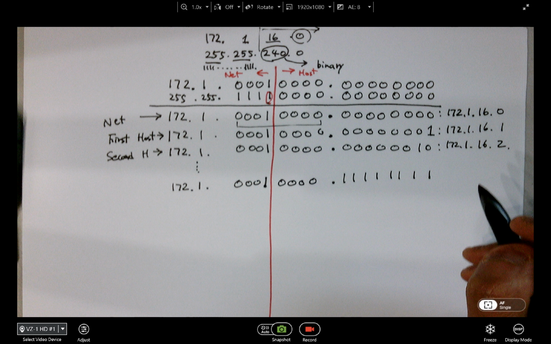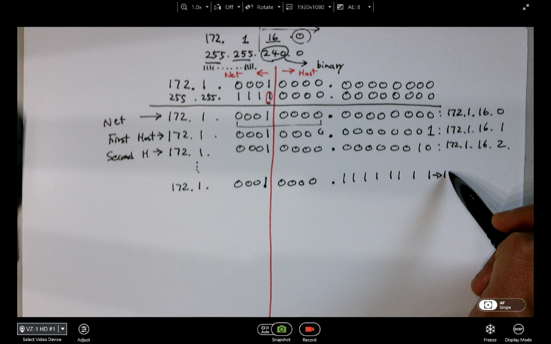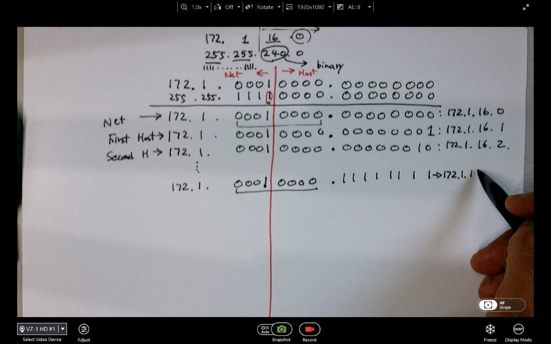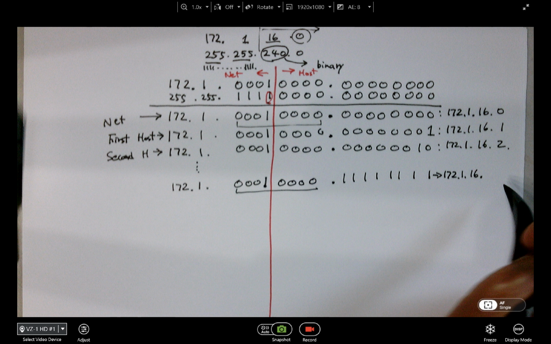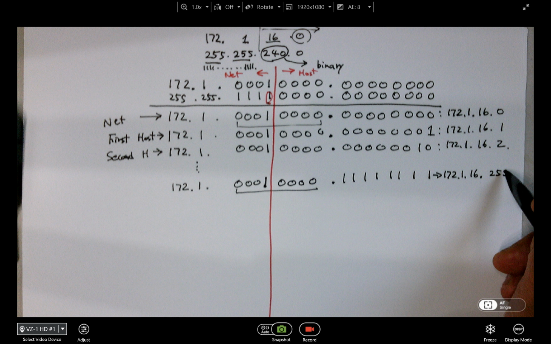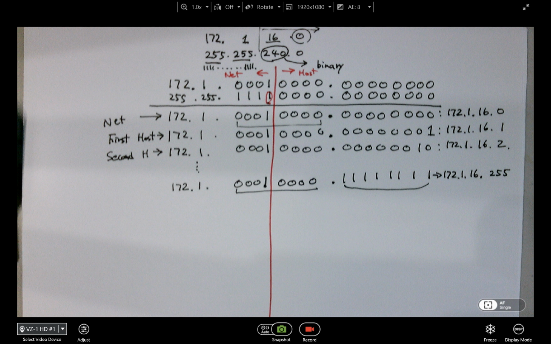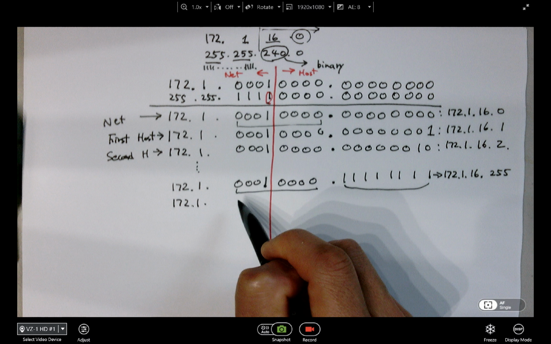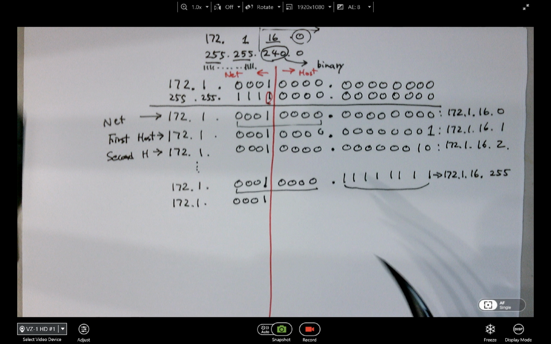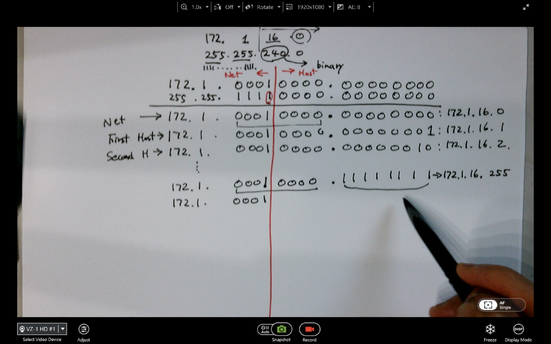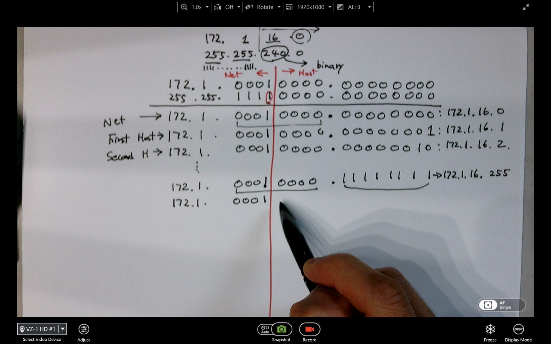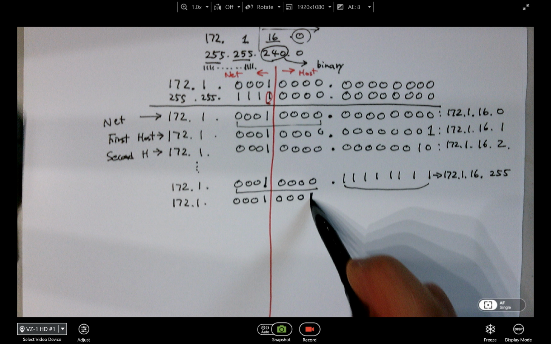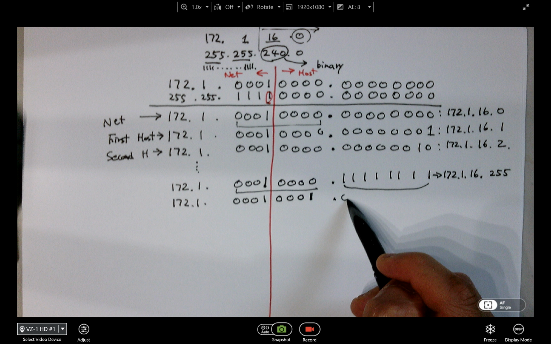So this is what? 172.1 dot. So this is still 16. And then this is going to be 255. The IP address right next to this is 172.1.0001. And then if you just add one more, it's going to be 0001 here, and then everything is going to be 0.